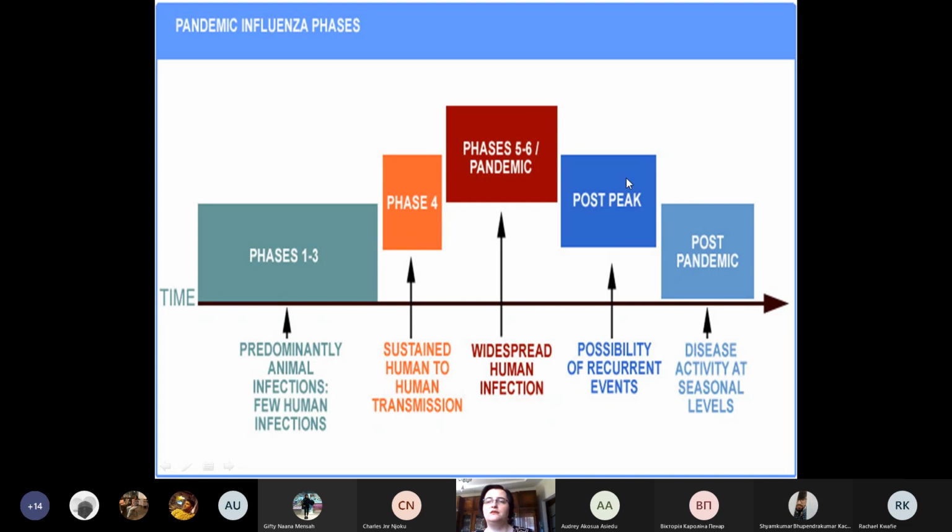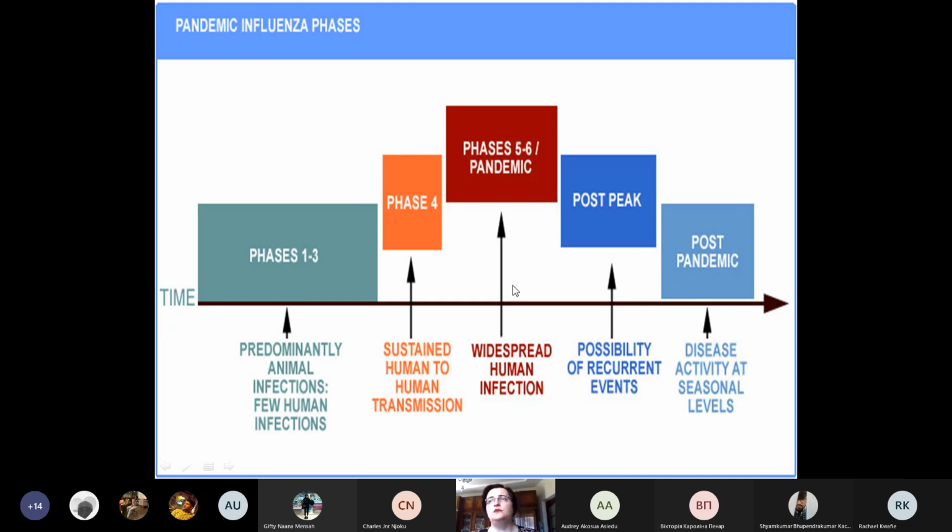It's like the color of hope, post-peak situation, possibility of recurrent events, but already the top of all this pandemic development is in the past. And also post-pandemic, the light blue square, activity at seasonal levels.